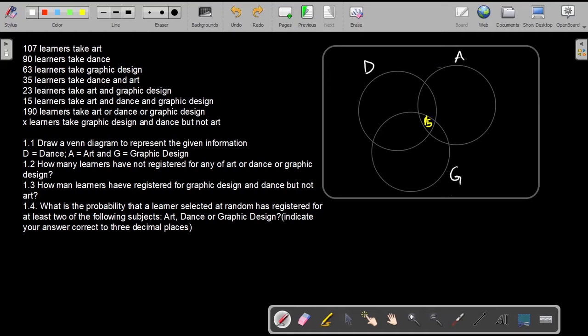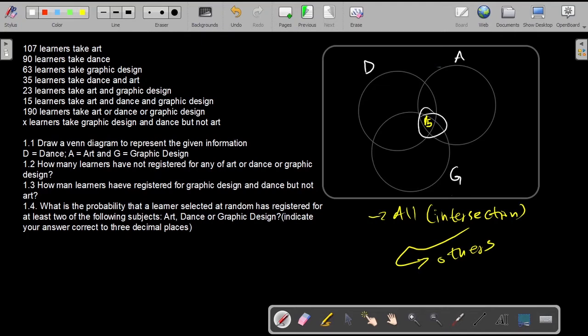Now we can look at the other statements. You start with the intersection of all of them, then you can move on to the intersection of the others. Once you have the intersection of all of them down, you can look at other intersections. And this is where you see the importance of starting with the intersection of all of them, because the intersection of, let's say, 2 also includes the intersection of all of them.